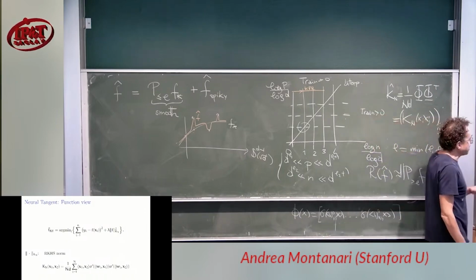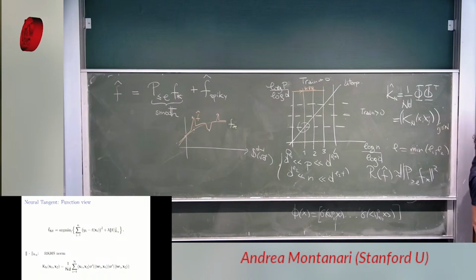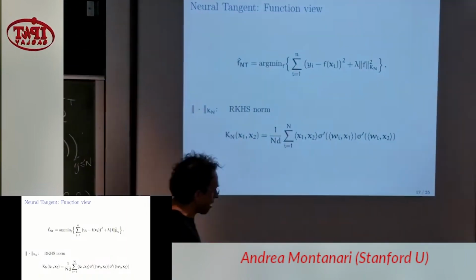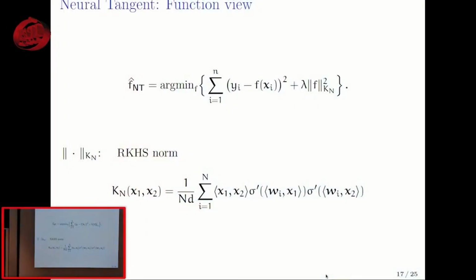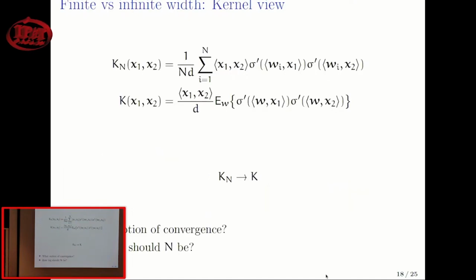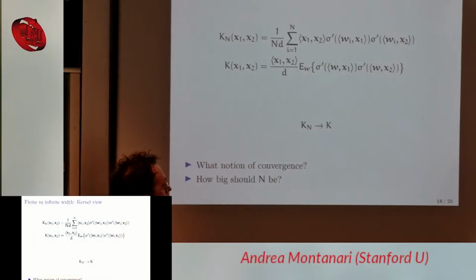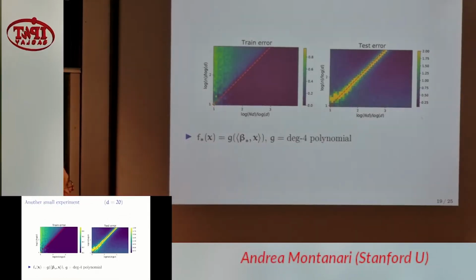So you can write it in terms of the parameters or in terms of a function. This is a finite rank kernel, which means that it corresponds to a finite dimensional regression. As I mentioned in the last lecture, this kernel converges to its expectation in the infinite width limit.